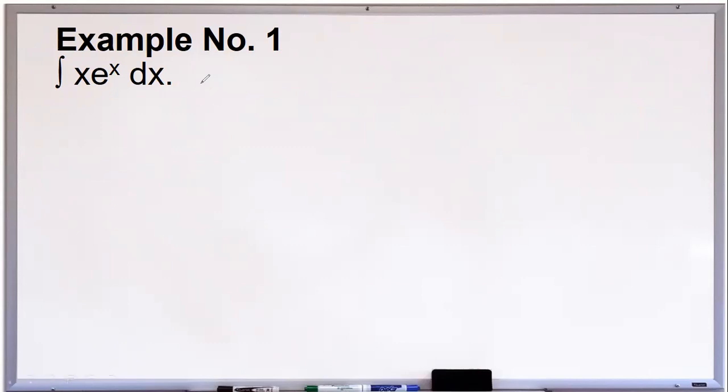Okay, so try natin use ang integration by parts. Ano nga ulit ang formula ng integration by parts? So the integral of u dv, which is equal to uv minus ang integral of v du. Okay, alin dito ang magiging u natin, alin ang magiging dv? Tingnan natin.